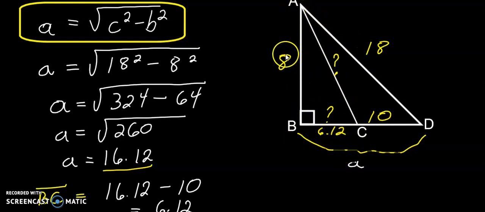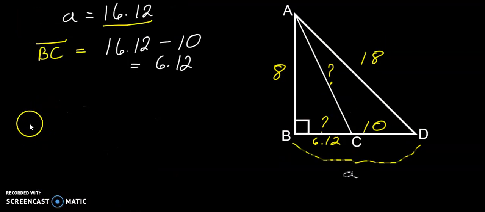now I can use the formula C equals the square root of this squared plus this squared. So in order to find the measure of segment AC, which is the hypotenuse of triangle ABC, I have to use this formula.